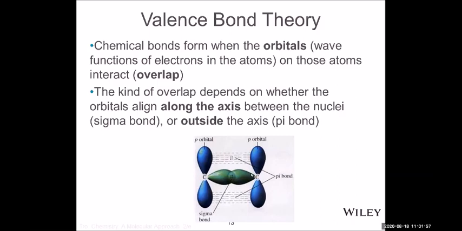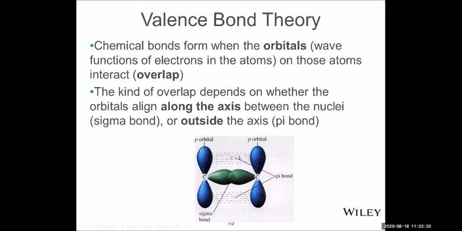The sigma bond is where the wave functions, or the orbitals, have head-on overlap. The electrons shared are right along the bonding axis, and that is what we call the sigma bond.